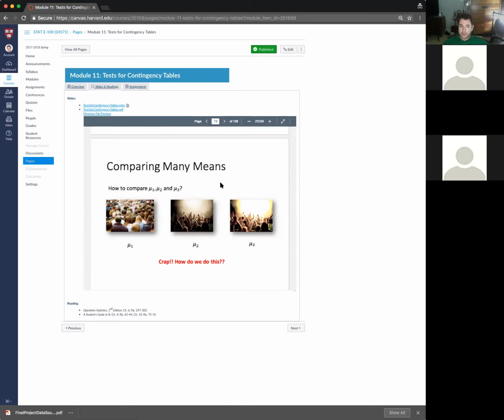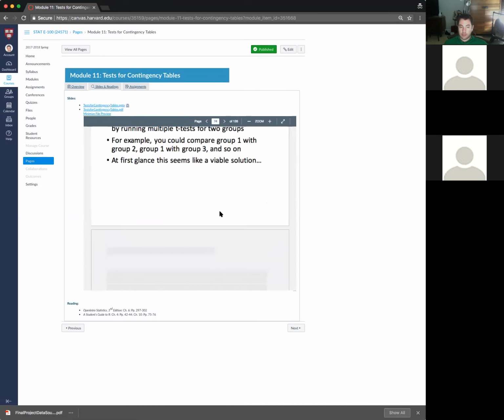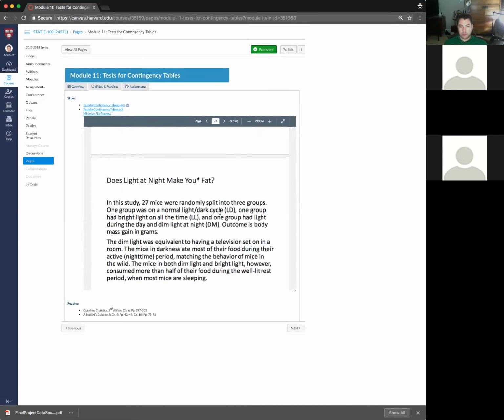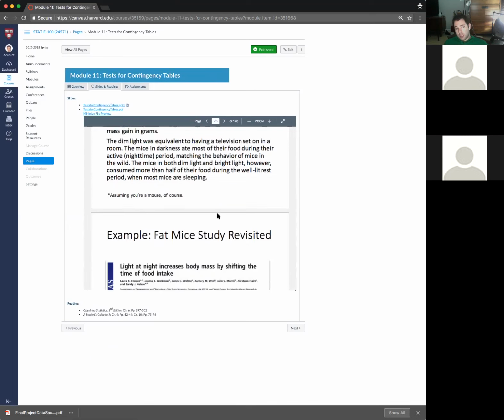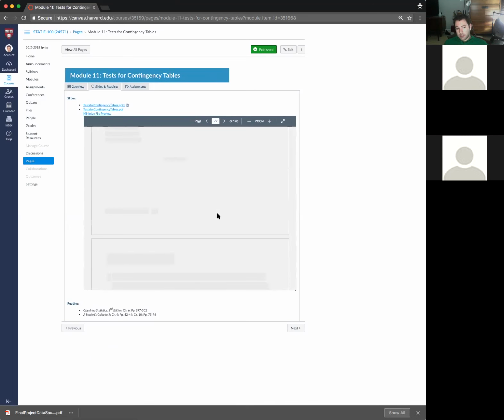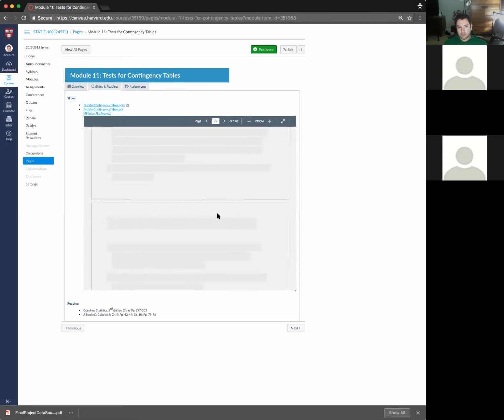But if we want to compare the means of like 3 different samples or 4 different samples, we would use ANOVA. And that's just a way to do that as opposed to running multiple t-tests. So this is a way you can use the analysis of variance test in order to take a look at the means of multiple different samples. So that's when you would use an ANOVA test.